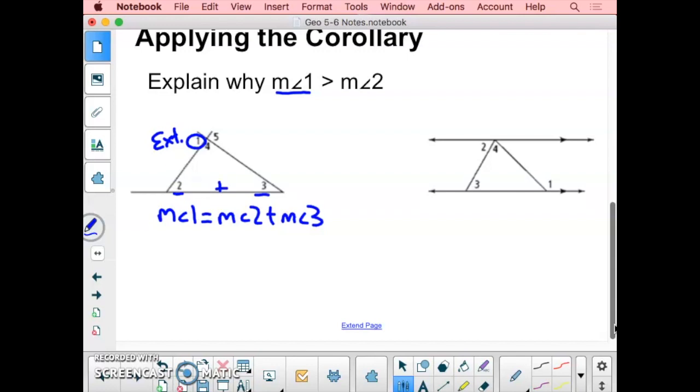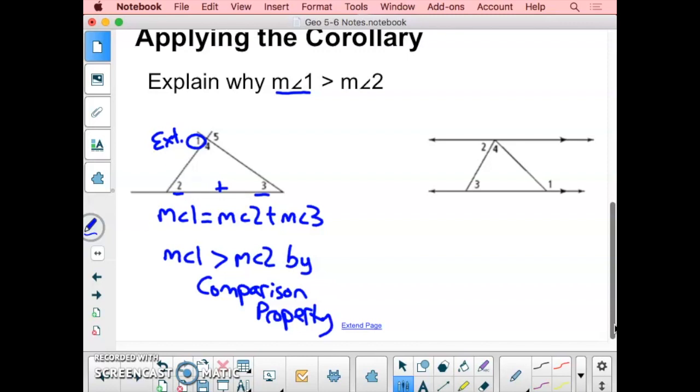So if 1 is equal to 2 plus 3, and since all of these angles are positive, that means that angle 1 has to be bigger than angle 2 by the comparison property. The comparison property is what you can use when you get something like this: angle 1 is equal to angle 2 plus something else. So that's my goal here. I need to be able to set up angle 1 to be equal to 2 plus something else.